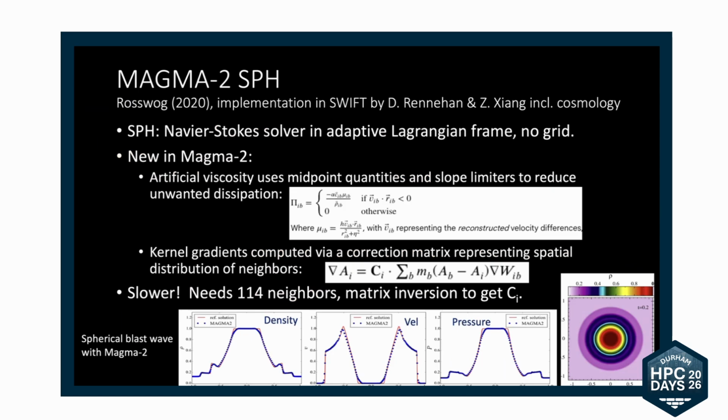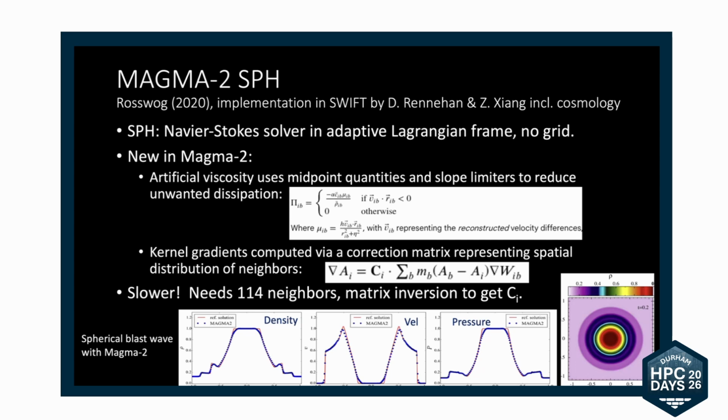Okay, so let's look at some of these things and illustrate why we're putting so much work into them. Magma 2 is a new SPH methodology. SPH is, of course, smoothed particle hydrodynamics, a very nice way of solving the Navier-Stokes equations in an adaptive frame with no grid. That gives you spatial and temporal adaptivity for free, essentially. SPH has had a lot of problems.